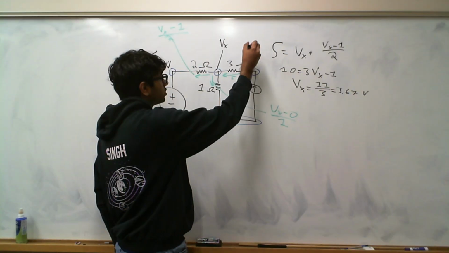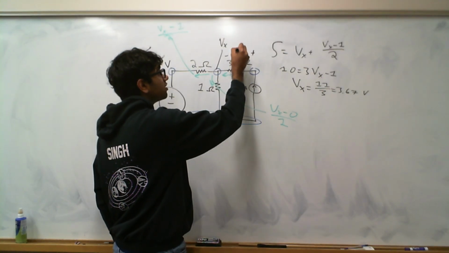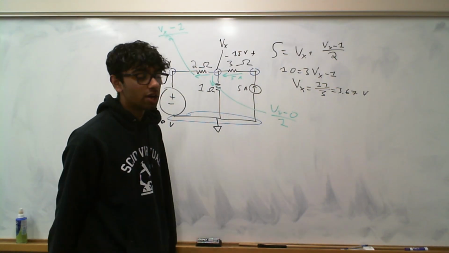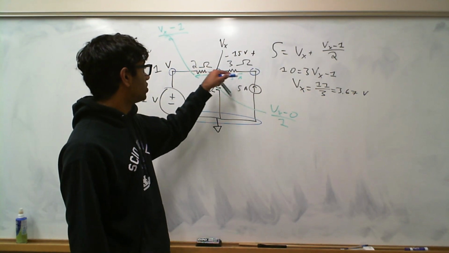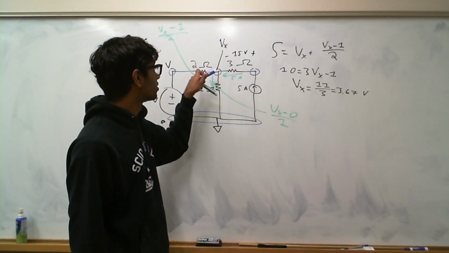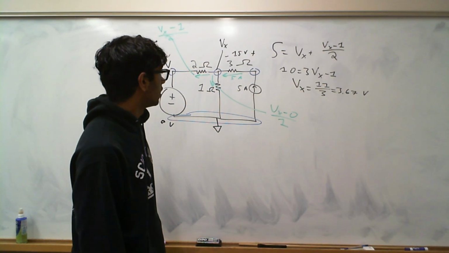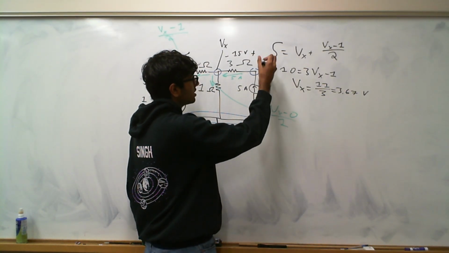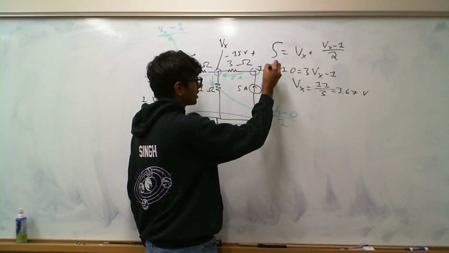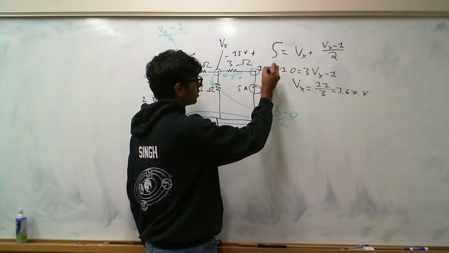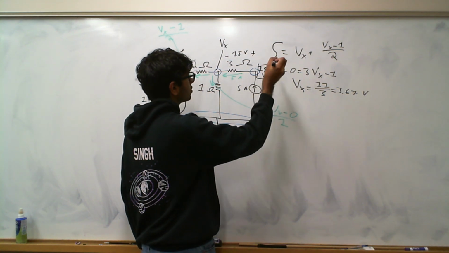So we know that the voltage drop across this guy is 15 volts, right? V equals IR. So that means the voltage here is 15 volts higher than the voltage here. In other words, the voltage here is 18.67 volts. There's one voltage.